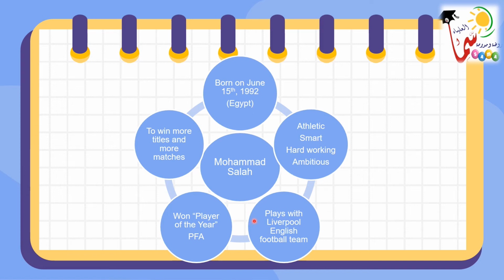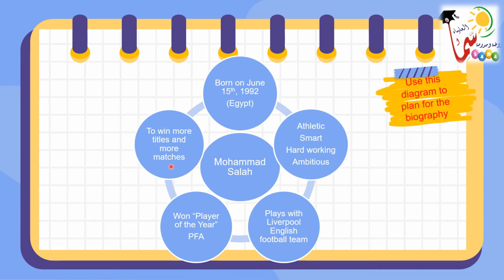What he has achieved, the big things that he has done in his life: he plays with Liverpool English football team, and he also won Player of the Year PFA in 2017. This is a prize that you win if you are very good in football. What he's planning for the future is this: he wants to win more titles and more matches.